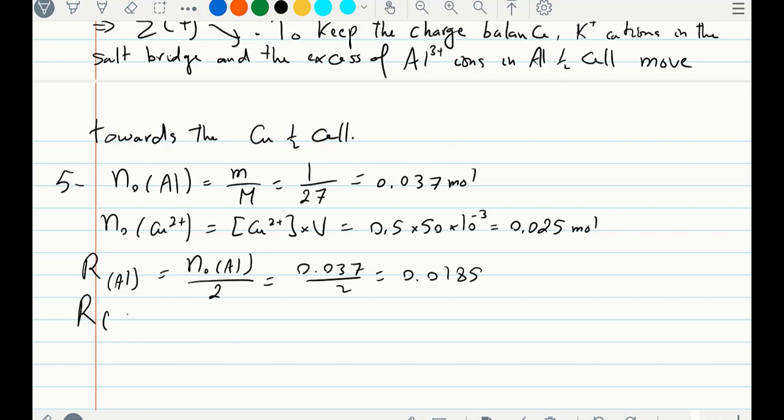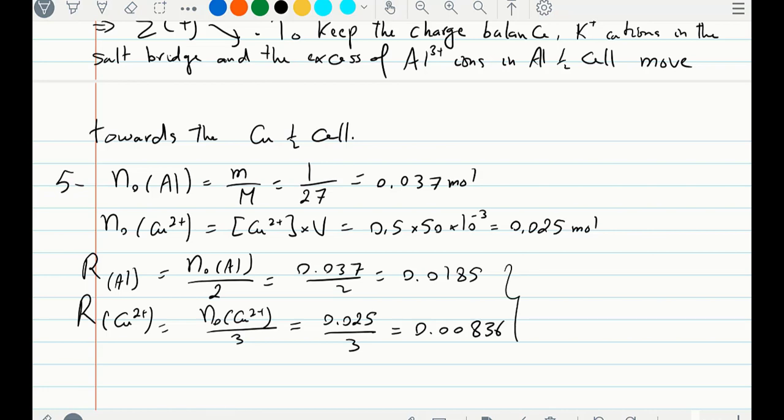Ratio of Cu2+ equals n0 of Cu2+ over its stoichiometry, which is 3, equals 0.025 over 3 equals 0.00836.